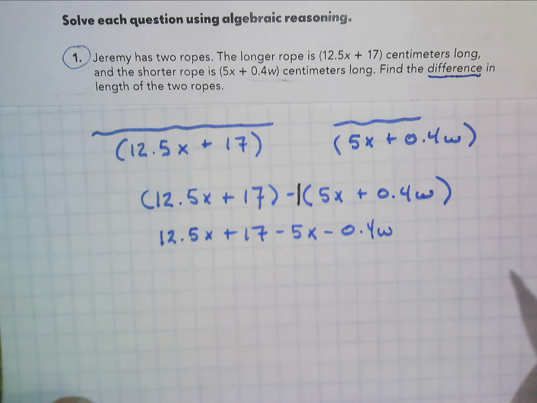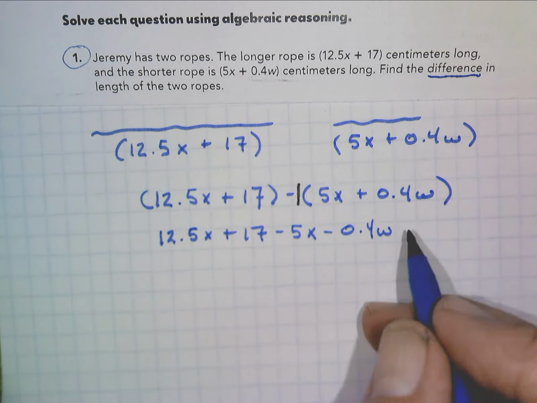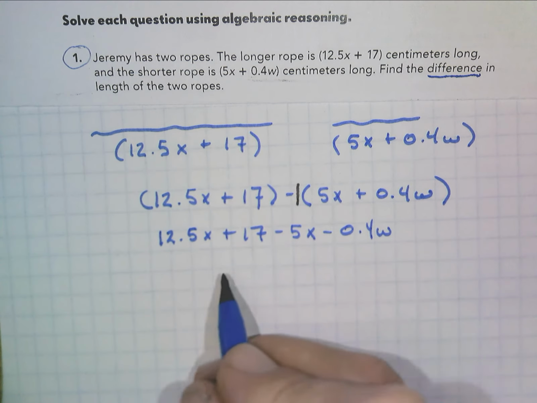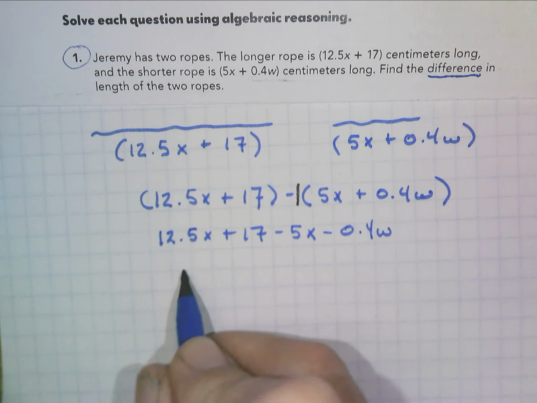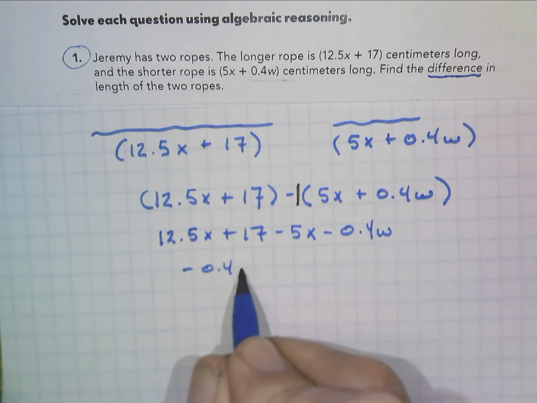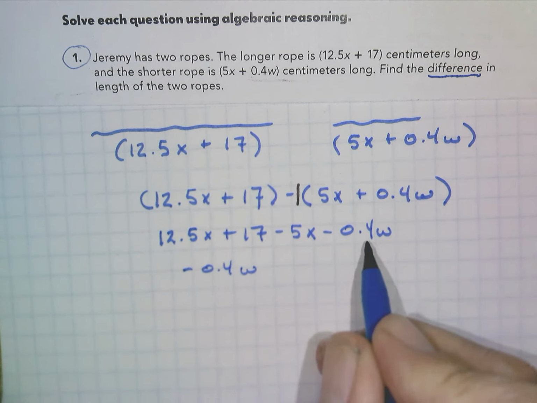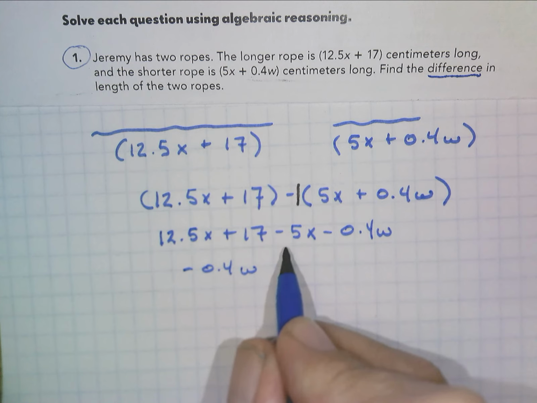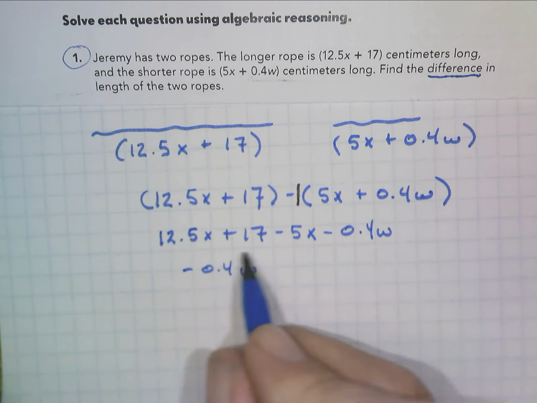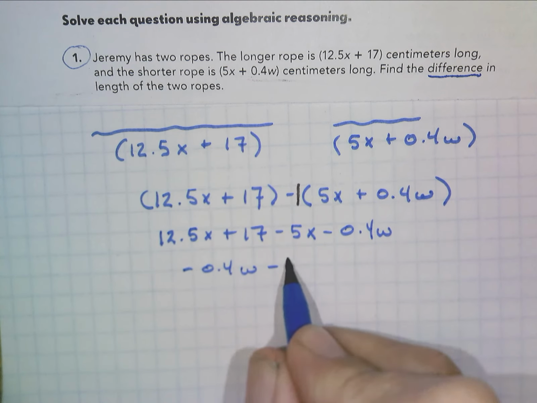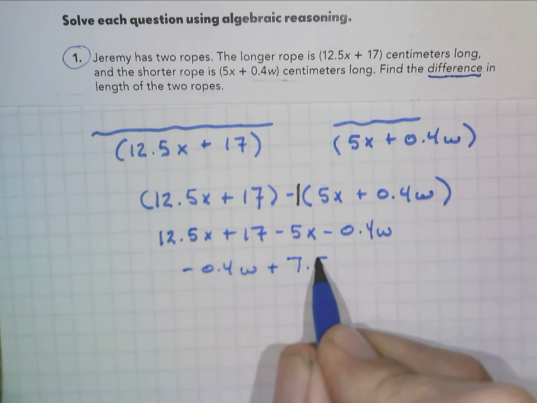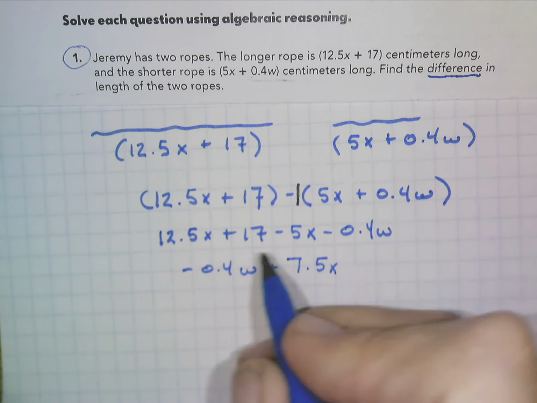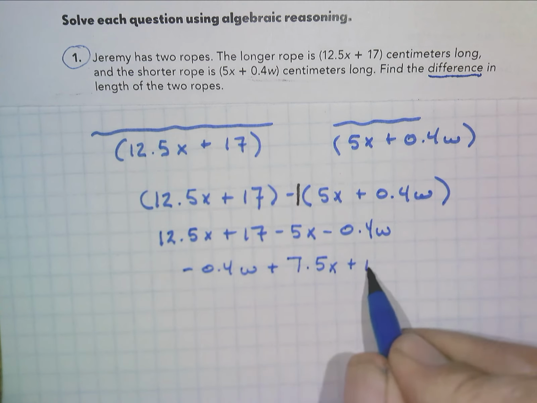Now I'm going to write this in alphabetical order. So I'm going to start with w, -0.4w. There are no other terms with w in it. There are, however, two x terms. 12.5 minus 5 is going to give us plus 7.5x, and then 17.